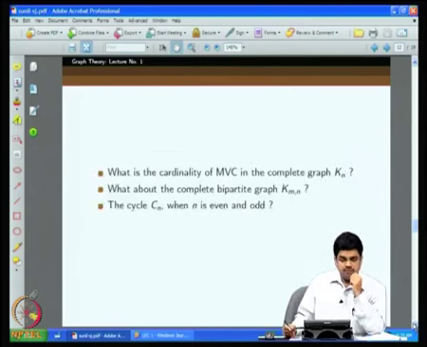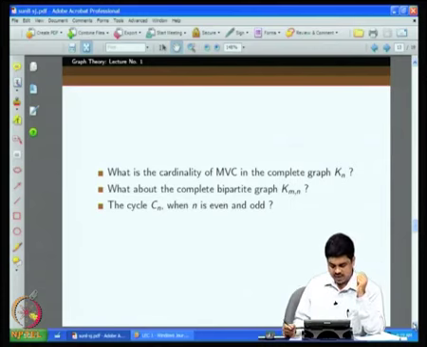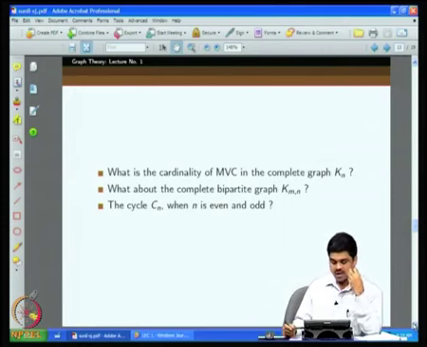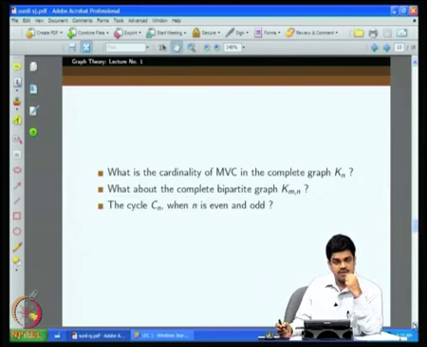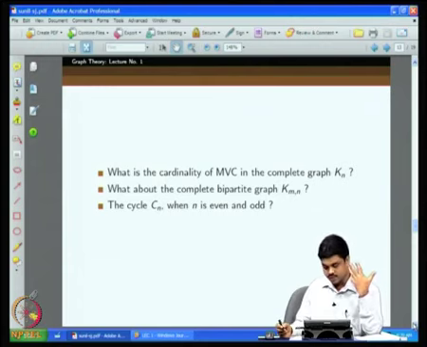Now, to get familiar with what a vertex cover is, we can take some examples and see what the cardinality of the minimum vertex cover is in those graphs. For instance, our first graph, the complete graph Kn: what is the cardinality of the minimum vertex cover in a complete graph? It is easy to see that, for instance, if there are 10 vertices and you just take one vertex, this one vertex cannot cover all the edges, right.